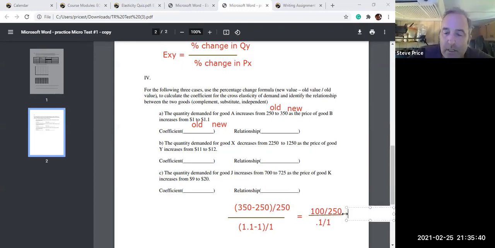And so what does that give us? 100 divided by 250 gives us 0.25.